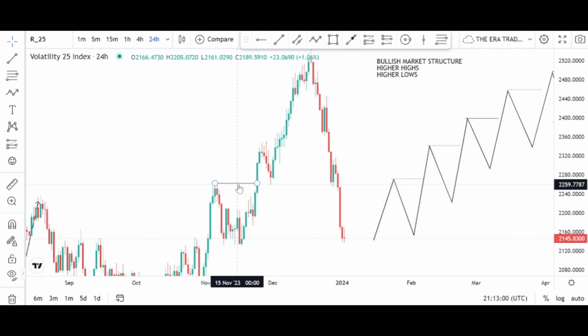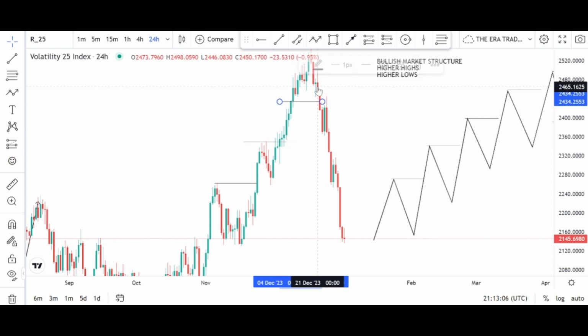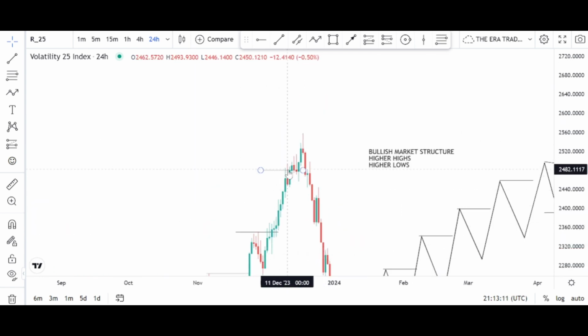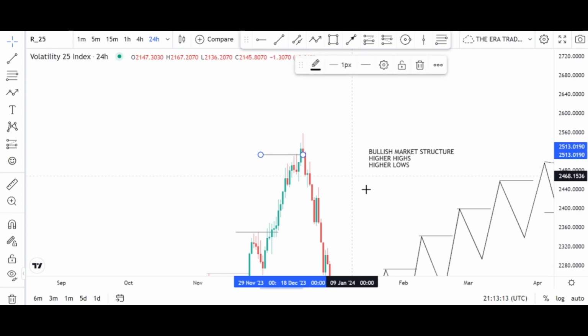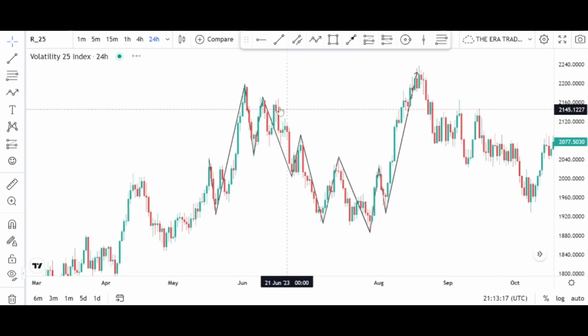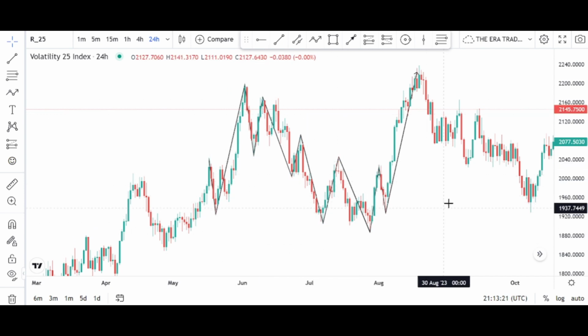Took out the candle close above the high, just like that. So you have to understand that is candle close. Why for market structure, if you look at this structure we marked out, we are using the wick of the candle.